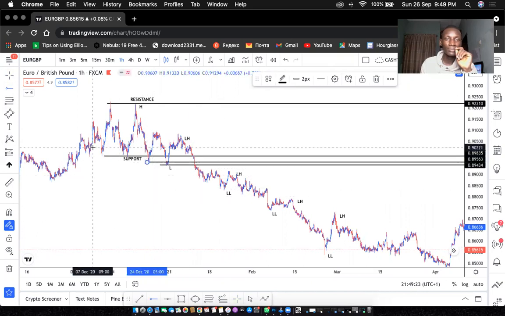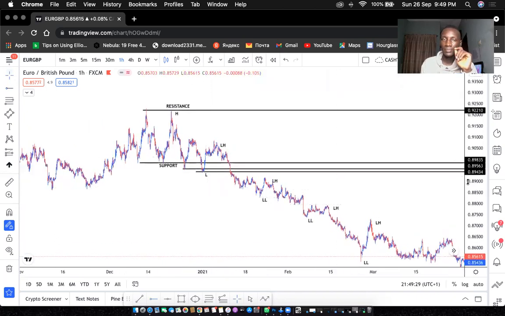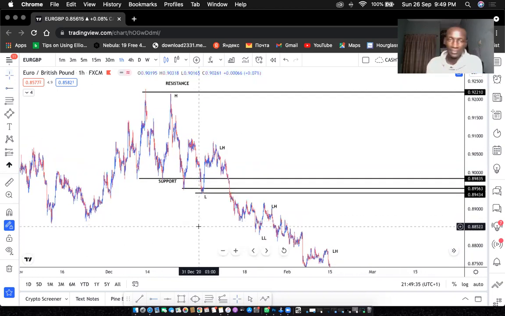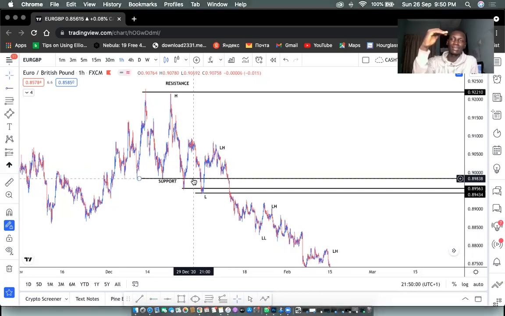Price will always bounce off at the floor. When price gets to where it's going to bounce, which is the support, what you do is you buy. When it gets to a resistance where it's going to hit before it drops, what you do is you sell. Once price hits a resistance, it will come down. Once it hits a support, it's going to go up.